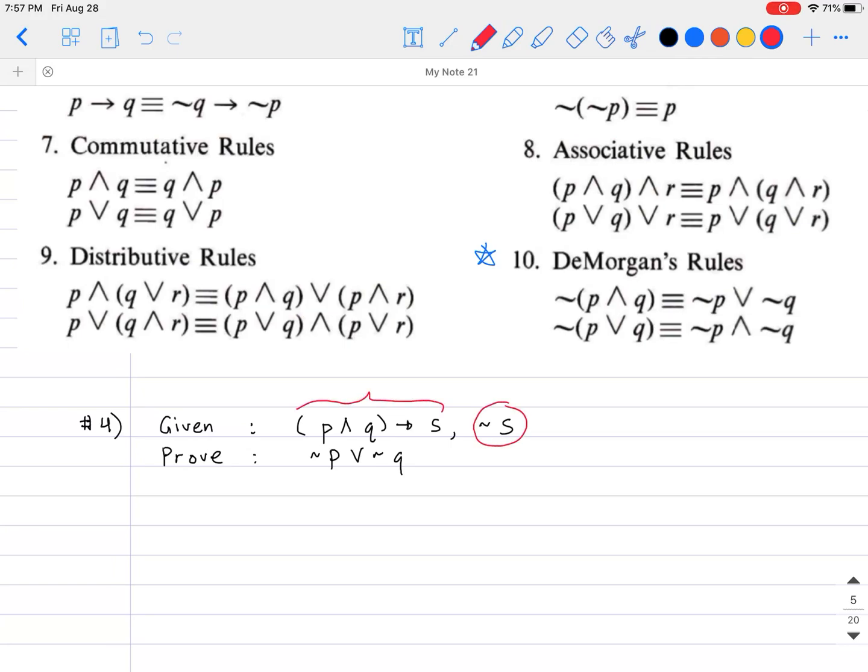Notice that, and let me circle it for you, we have negation of S, and then we have this statement right here. That screams out MT, modus tollens, if you remember correctly. And modus tollens, let me write it on the side if you don't remember it.